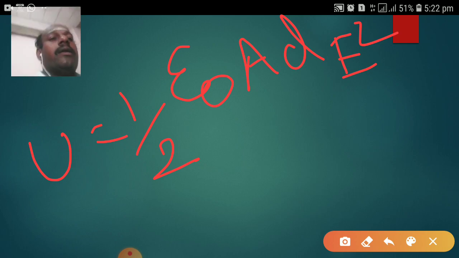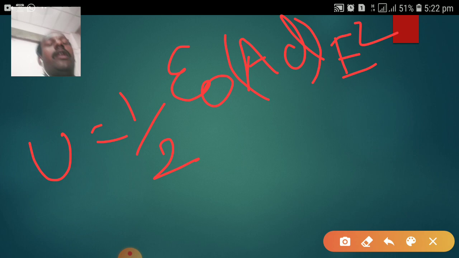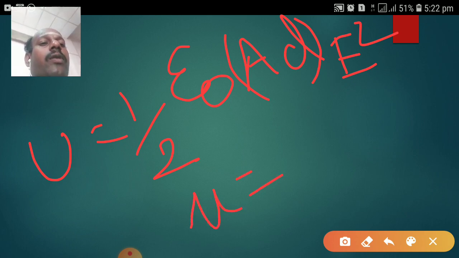Look at the term A into D. What is A? A is the area, and D is the distance between the plates. The product of area and distance gives the volume. Now I am going to introduce a new term, u, the energy density, that is the energy per unit volume.